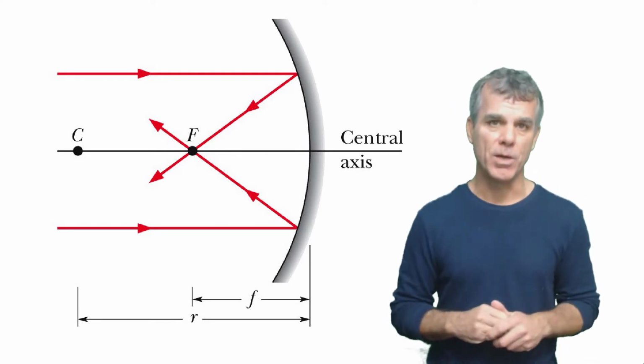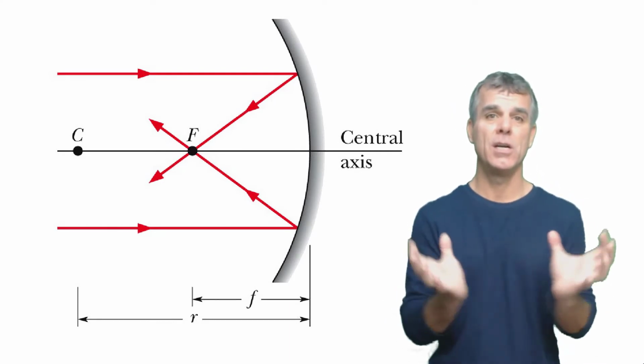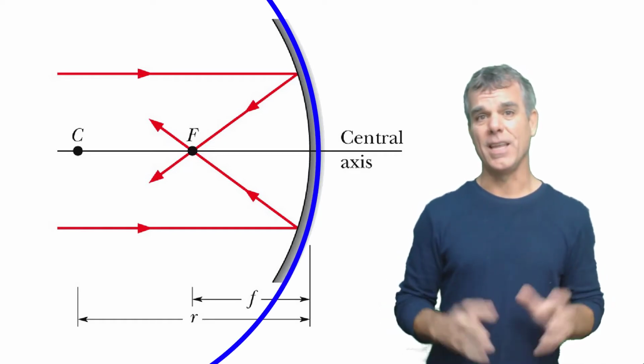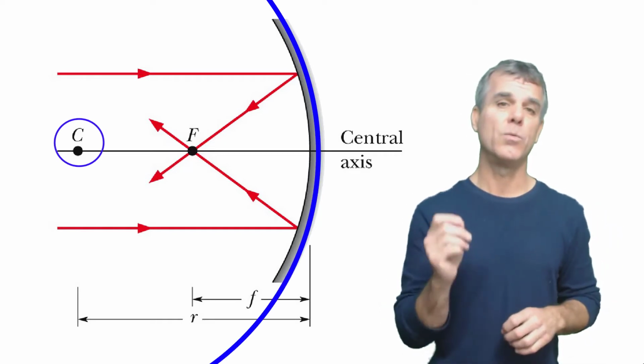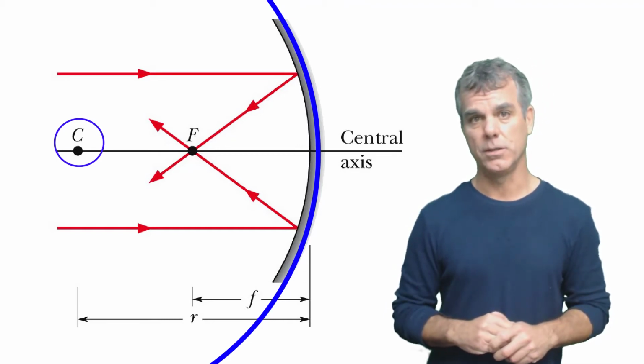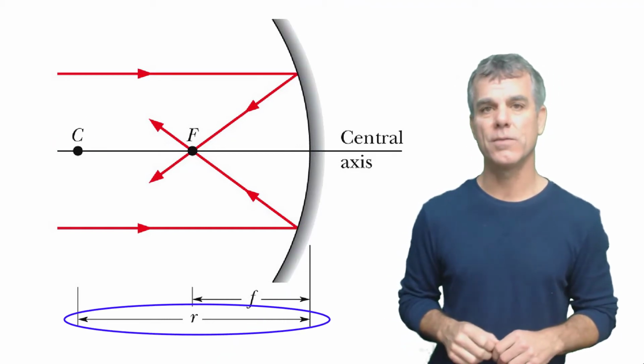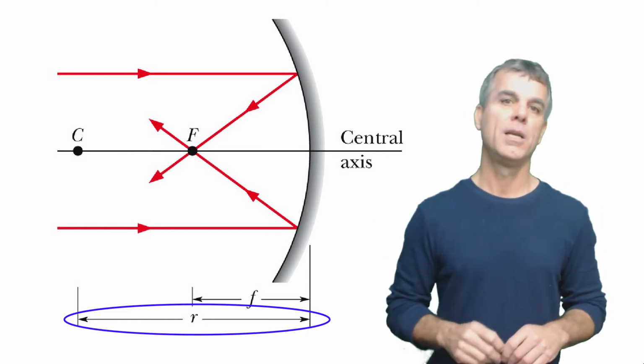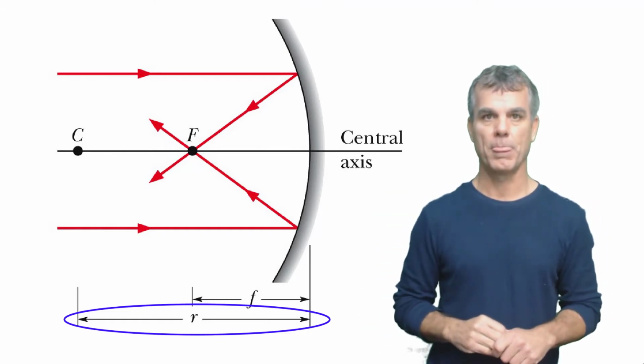Let's start with a few basics. Any concave mirror can be considered to be a section of a bigger sphere. And the center of that sphere, of which the concave mirror is a section, is called the center of curvature. The distance between the center of curvature and the middle of the mirror is called the radius of curvature.